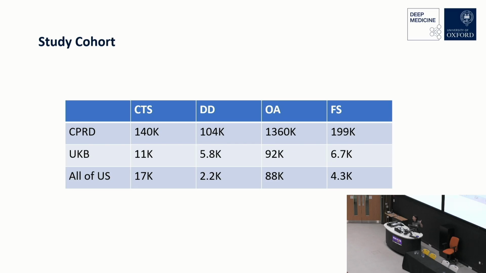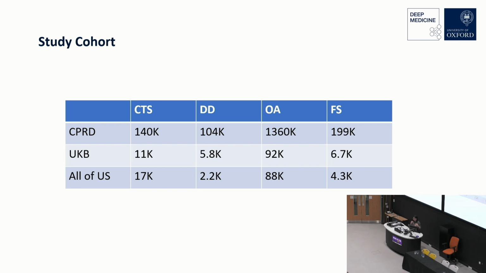So here is our data cohort. This is a good case for using EHR, because we have very large-scale data and it is free to use. We captured over 100K CTS cases and over 1 million OA cases in CPRD. So this is a very large cohort.